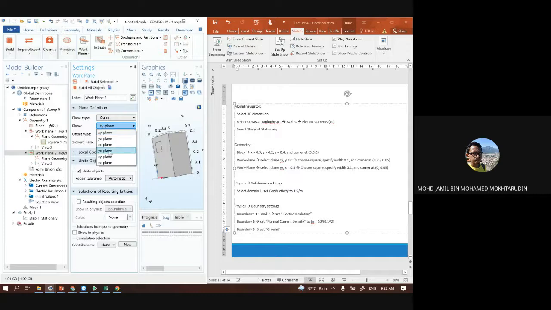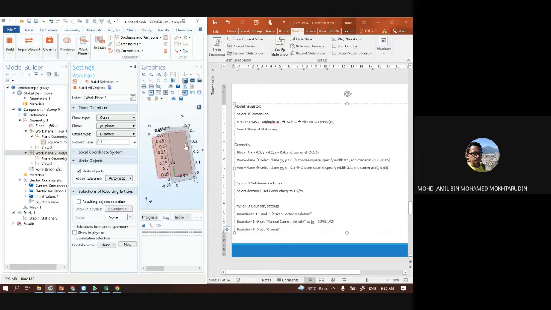In this case, the tutorial already gives you the plane that you have to draw. So YZ and then the location of X is 0.3. But later, if the figure is slightly different, you can just play around with this number, okay?